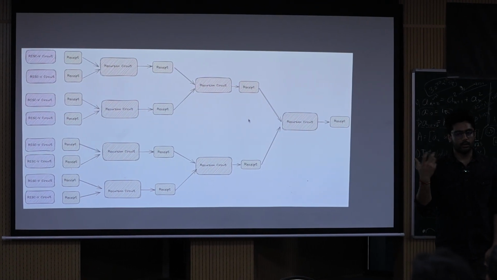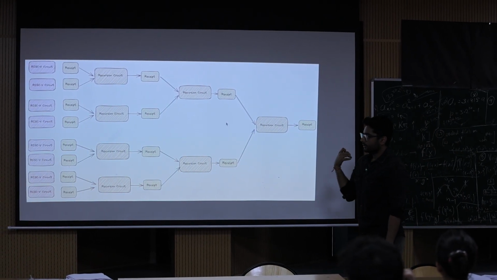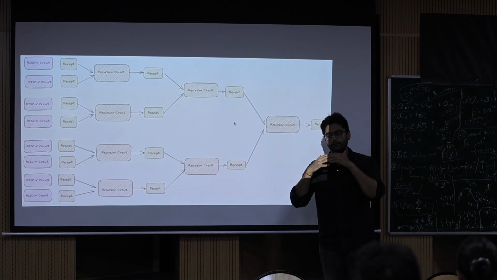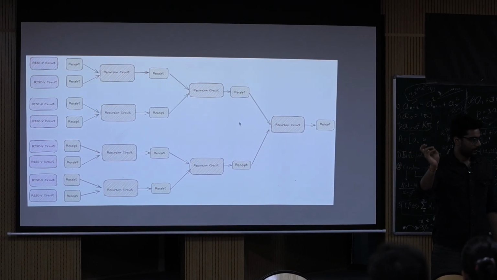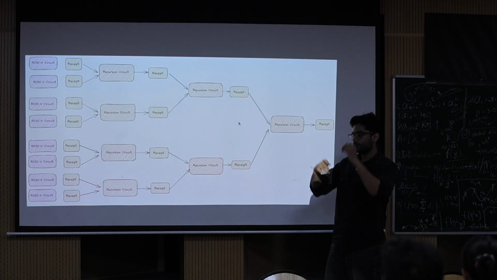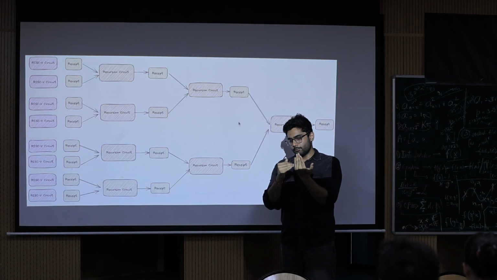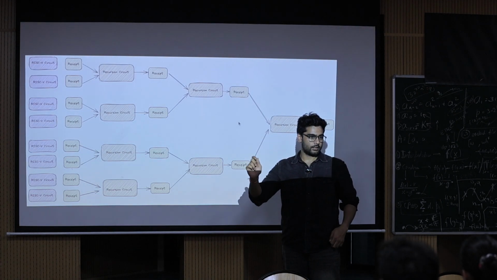Now, what are those recursion circuits? Let's say you generated a trace of an arithmetic component, right? Those components were utilized, you generated a proof. Those proofs are potentially merged together and you have a final proof.